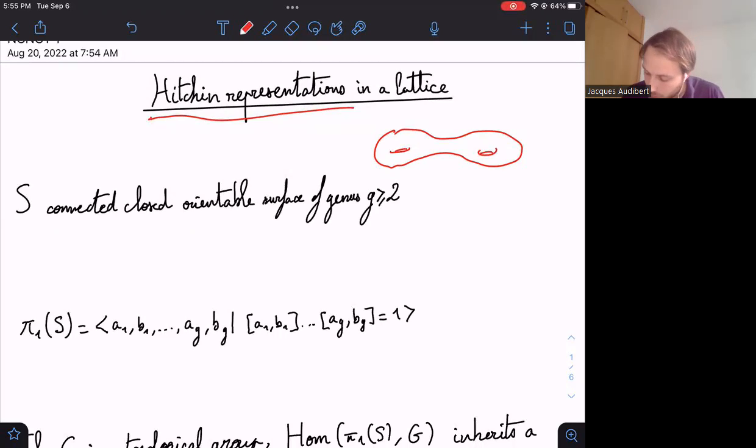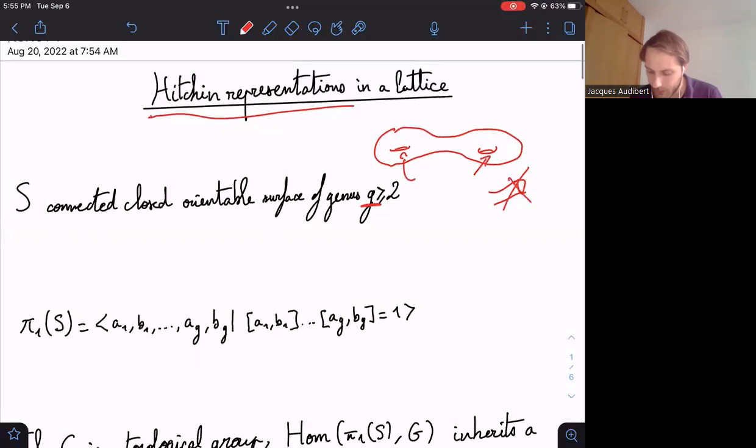So they are closed, meaning they are compact and they don't have boundary components. They do not look like this, for example, like a tube. We exclude those. The genus here refers to the number of holes. So we want at least two of them, because if they have at least two, then they have a hyperbolic metric. We'll explain, it will come into play in a minute.